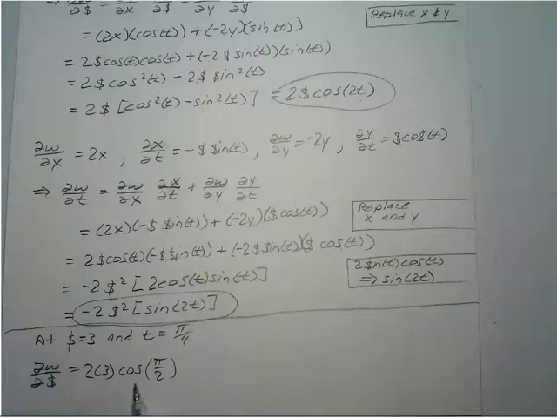Okay, so that cosine of pi over 2 is equal to 0. So 0 times 6 is just 0.